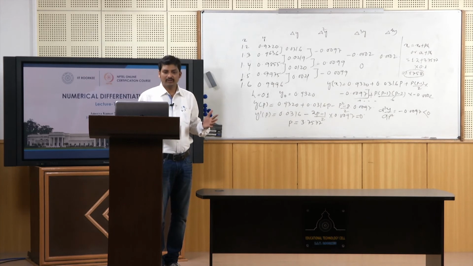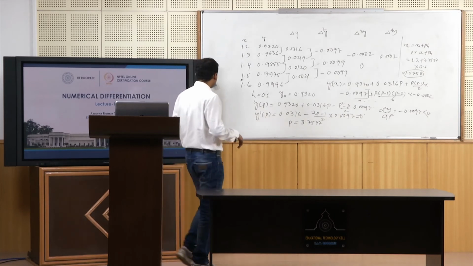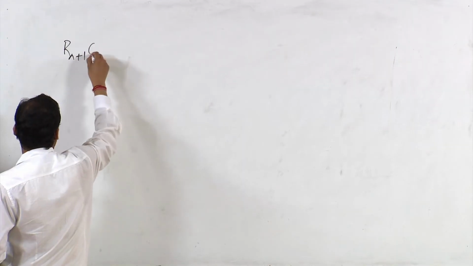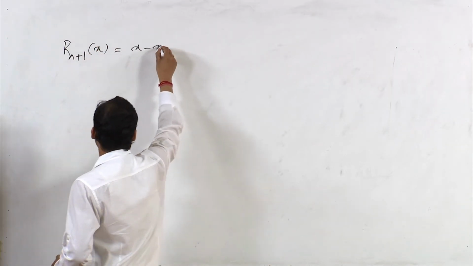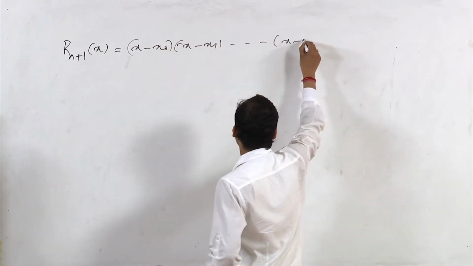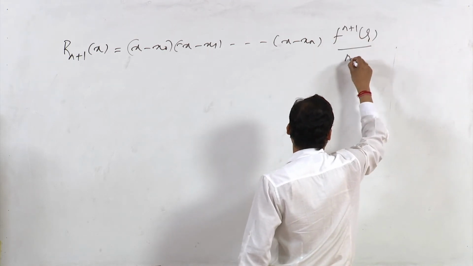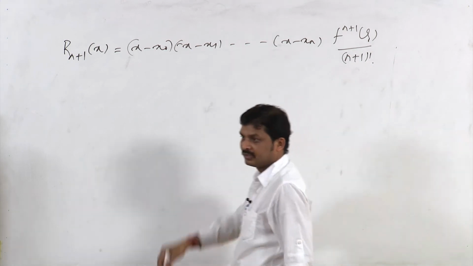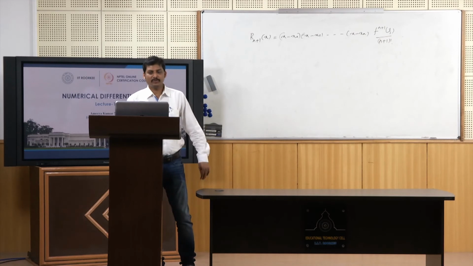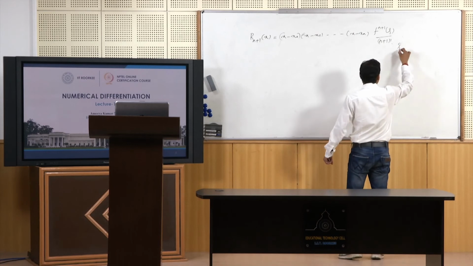Already we have discussed that the error is written in the form Rn plus 1 of x, where the error term is defined as (x minus x0)(x minus x1) up to (x minus xn) times f to the power n plus 1 of zeta by (n plus 1) factorial. Usually this is the error term for the general approximation of the interpolating polynomials we have defined, where this zeta value should lie between x0 and xn here.